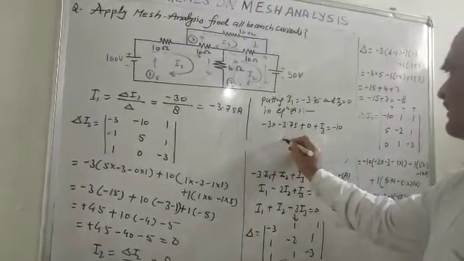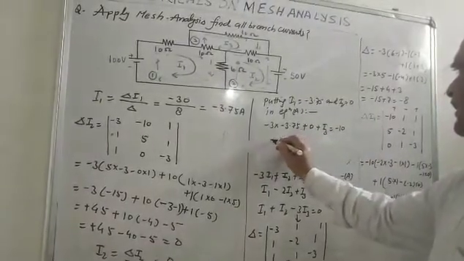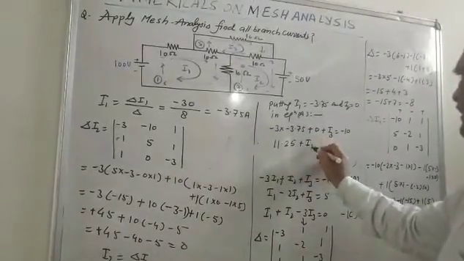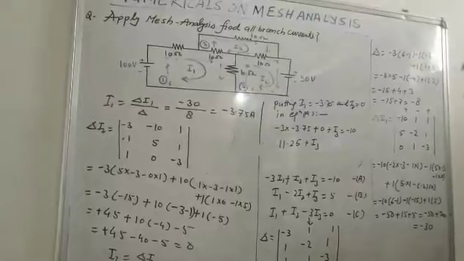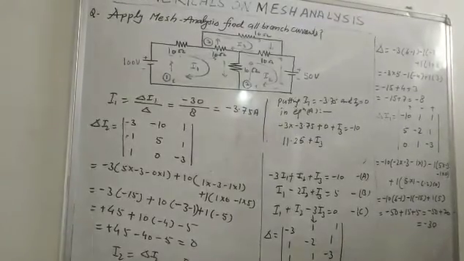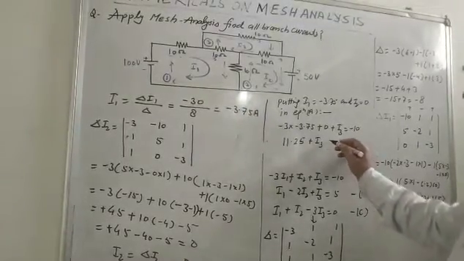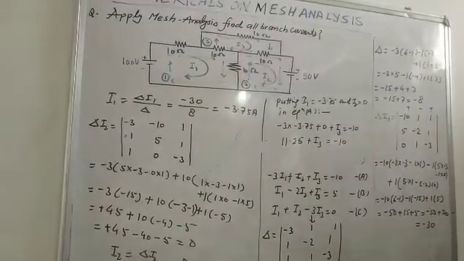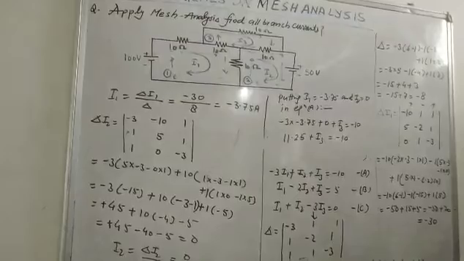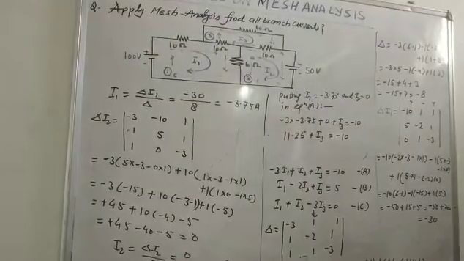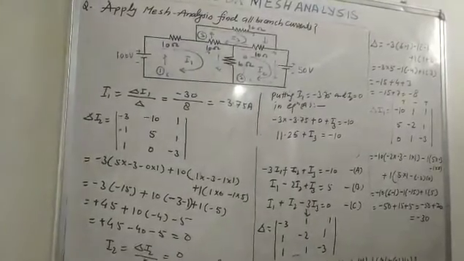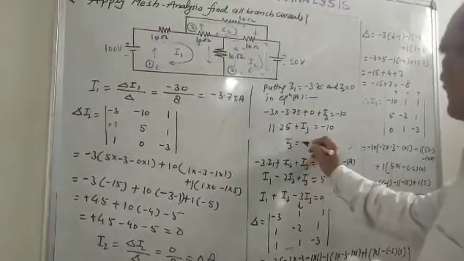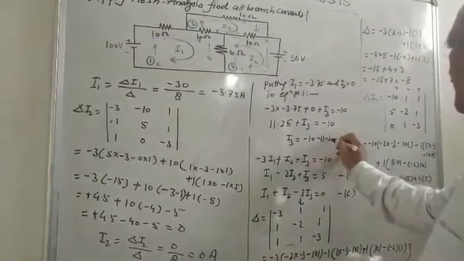This becomes 11.25 plus I3 is equal to minus 10. So I3 is equal to minus 10 minus 11.25.